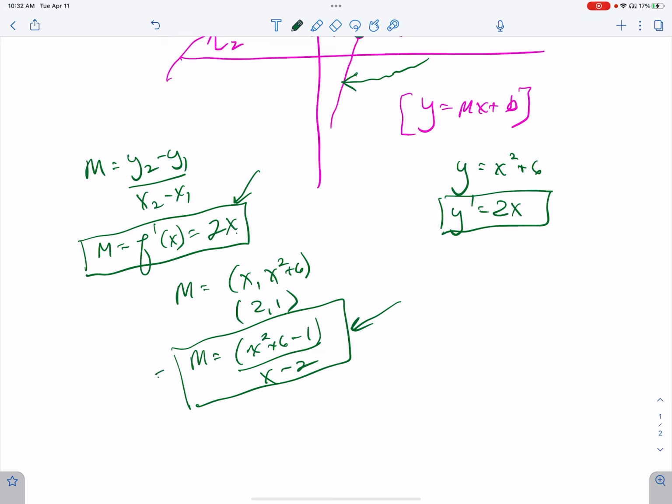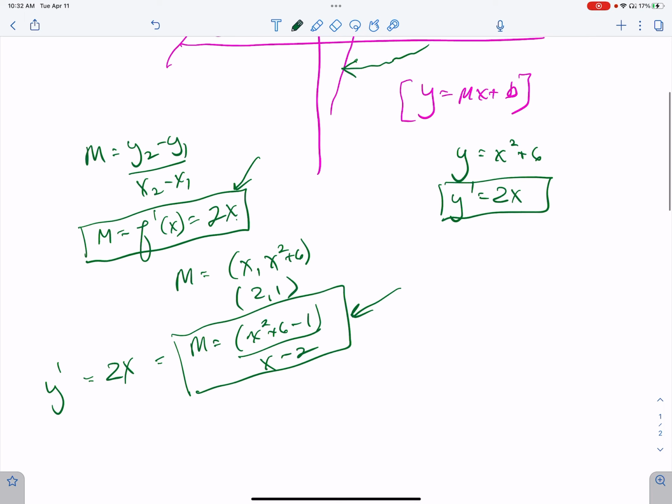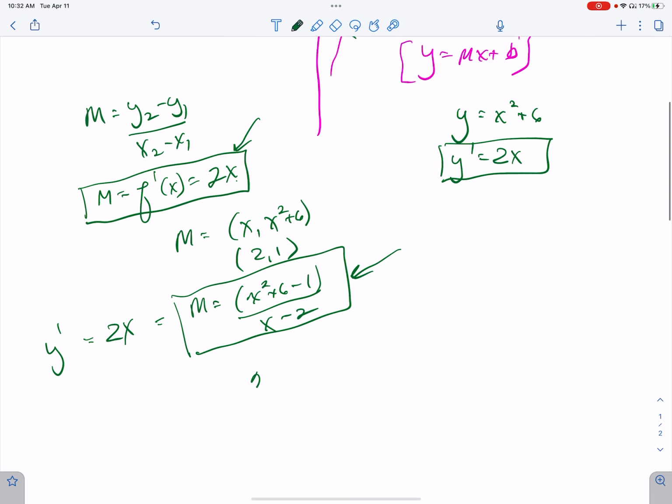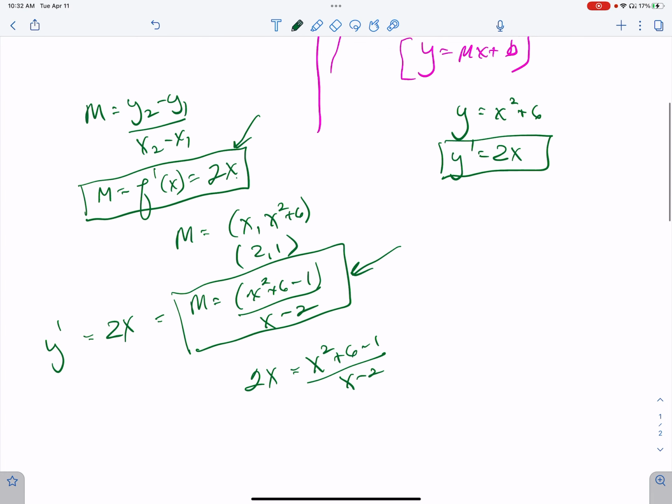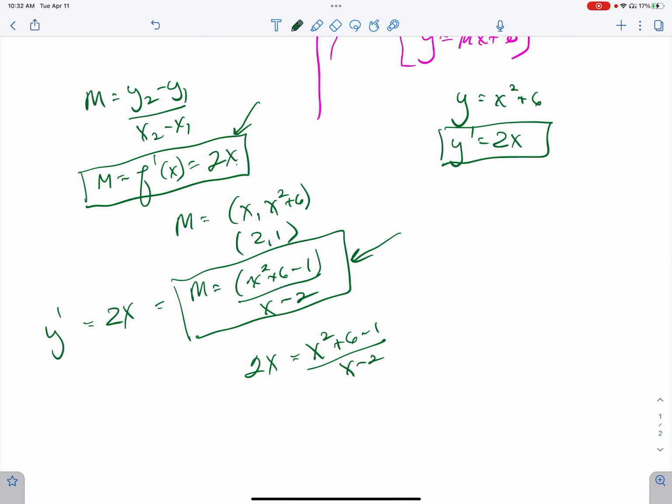Well, we also know that the slope is the value of the derivative, 2x. There we go. We set 2x equal to (x squared plus 6 minus 1) over (x minus 2). That will give us the value, or one of multiple values, of x that will be the solution to this problem.